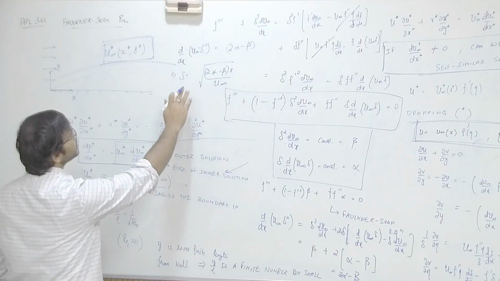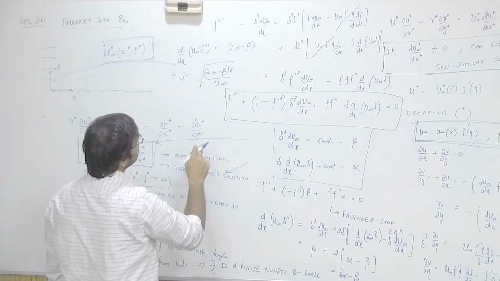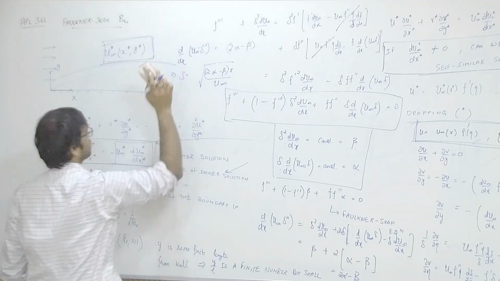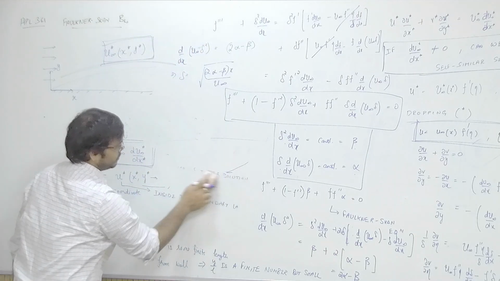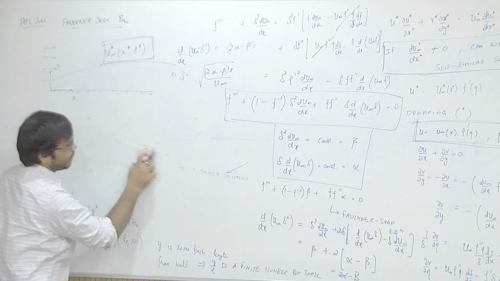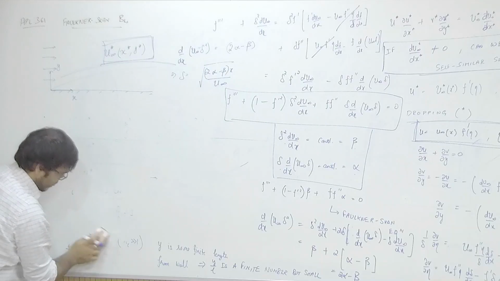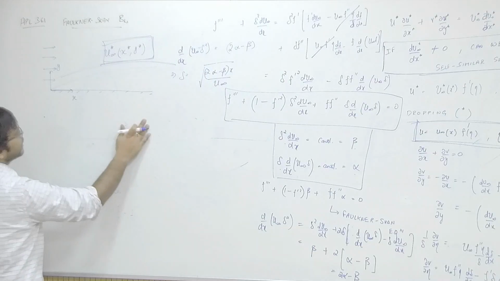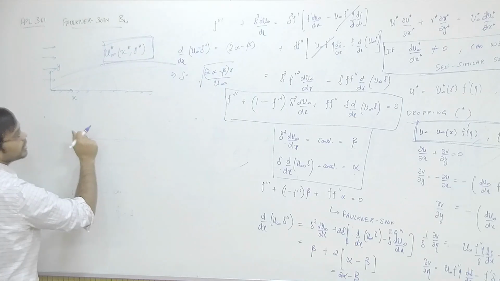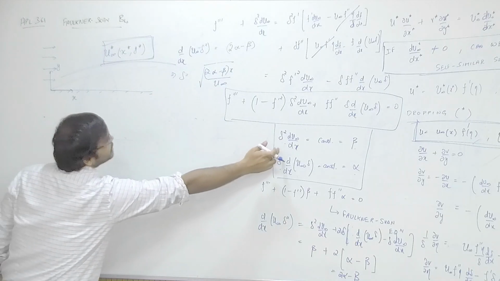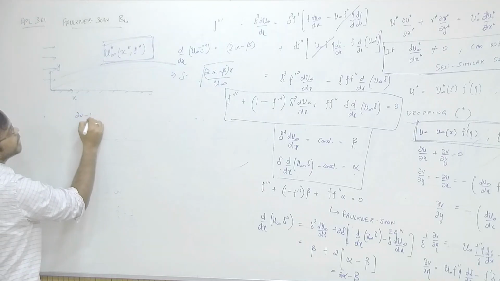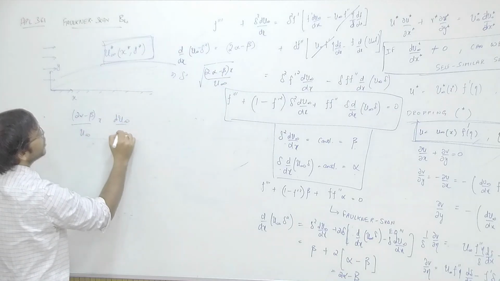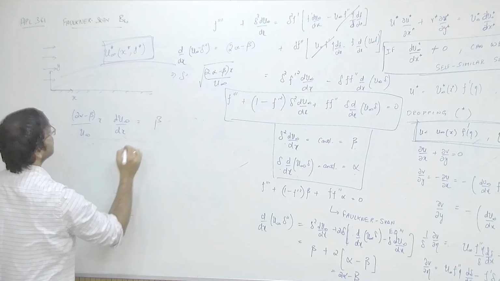So now once we have this variation for delta, you can substitute that here. So let us do that. Let us substitute delta in this equation. So delta square is 2 alpha minus beta by u infinity x, and then we have du infinity over dx equals beta.